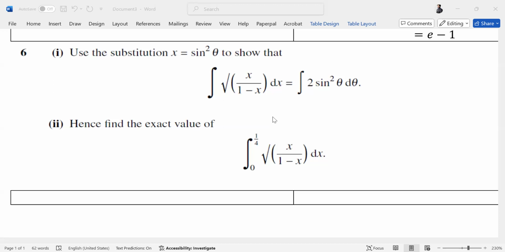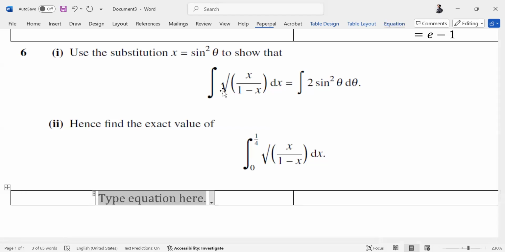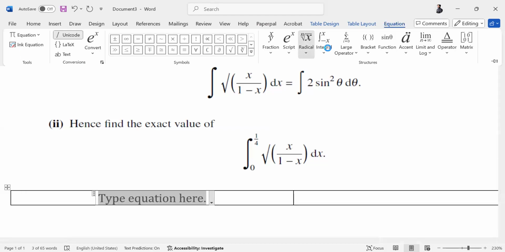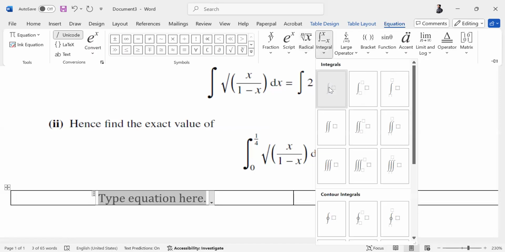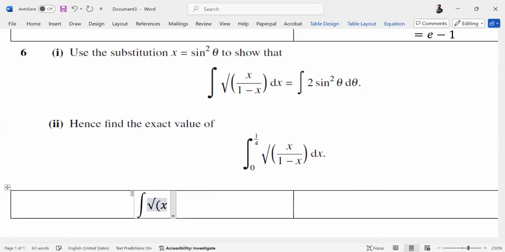You are provided with the substitution. x is sine square theta. The question is telling you this is what you need to substitute. ठीक हो गया? Okay, so let's do the first bit. We are starting with this. पहले में they have provided you with an indefinite integral and they are telling you x upon 1 minus x.